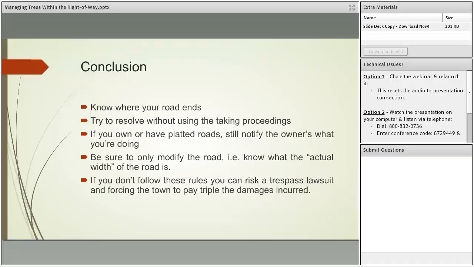Next question is, what about large rocks in the right-of-way? Do we need to treat them the same as trees? And is there a time frame that these rocks and boulders have been there that we can no longer work within? I'm not sure.